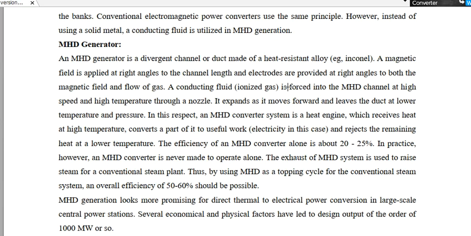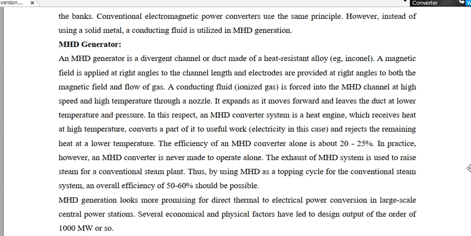A conducting fluid, which is ionized gas, is forced into the MHD channel at high speed and high temperature through a nozzle. It expands as it moves forward and leaves the duct at lower temperature and pressure.